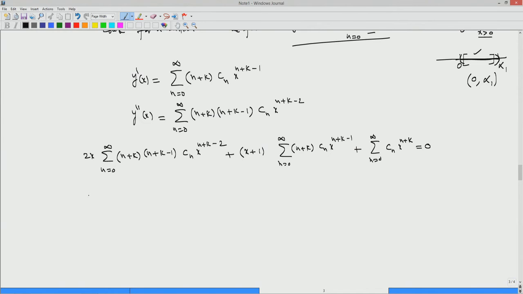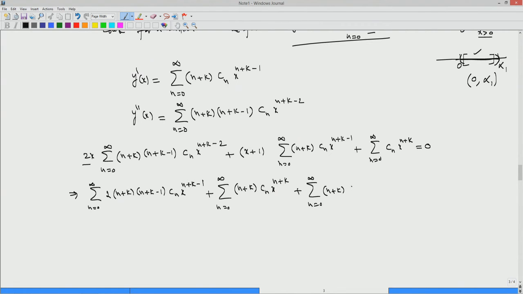So what is the next step? You just take it inside. You will get the sum for n from 0 to infinity of 2 times n plus k minus 1 into n plus k c n x power n plus k minus 1, plus the sum for n from 0 to infinity of n plus k c n x power n plus k, plus the sum for n from 0 to infinity of n plus k c n x power n plus k minus 1.